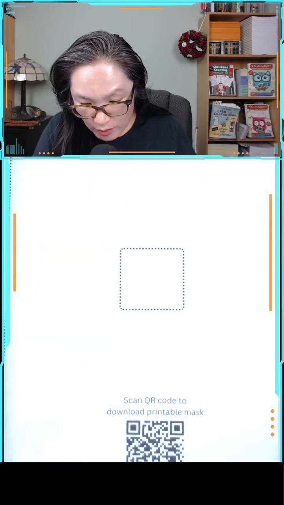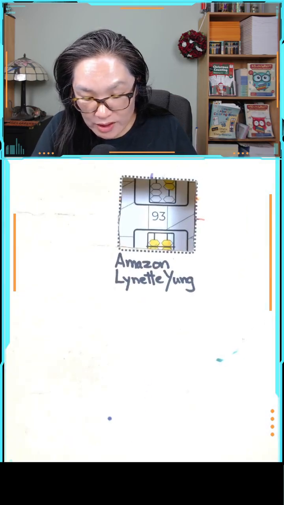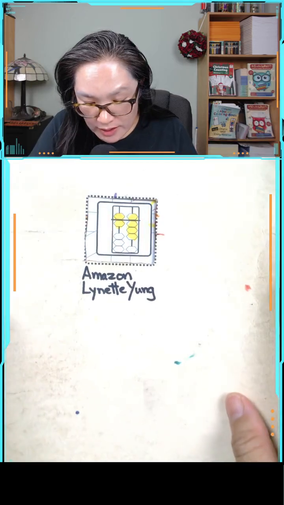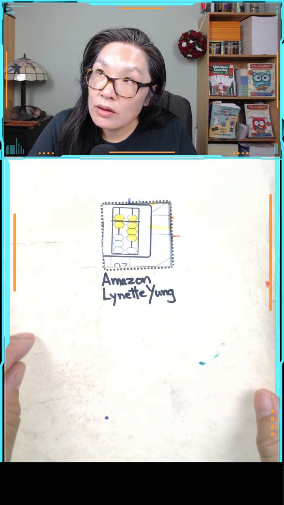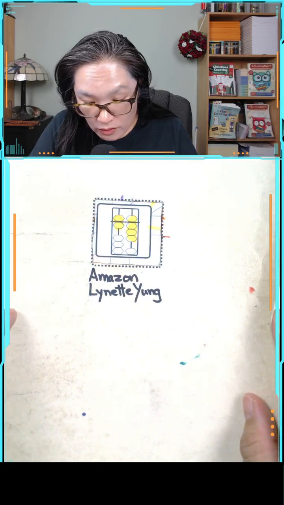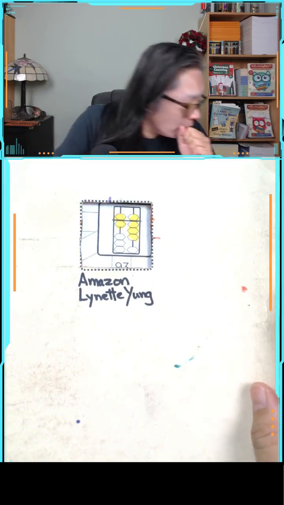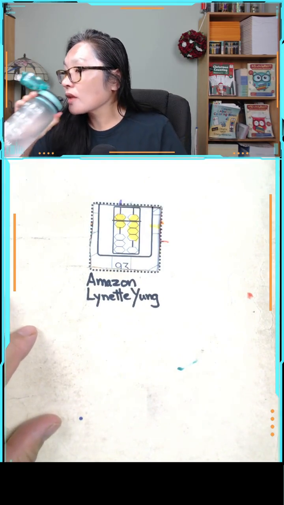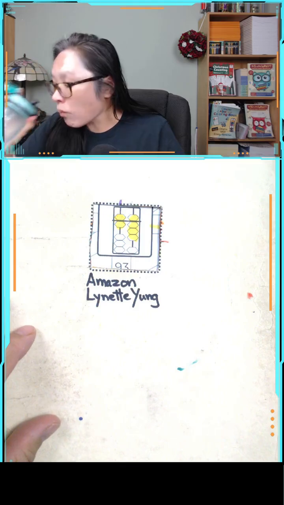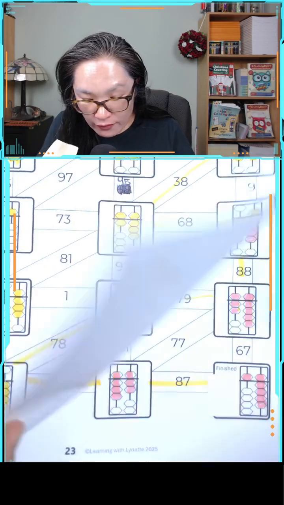The mask maze is actually part of the book, but you also have the option to download it so you can print it on a thicker piece of paper. So that's to cover it up.